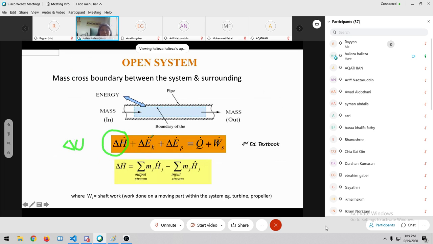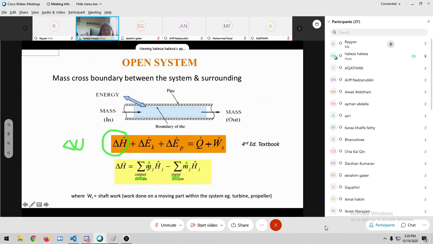Why is there a dot? I did mention yesterday, somebody asked. The dot means rate. So there should be a dot here also, in terms of the mass, or else you cannot have a dot over here. So the difference in enthalpy is out minus in, or final minus initial.